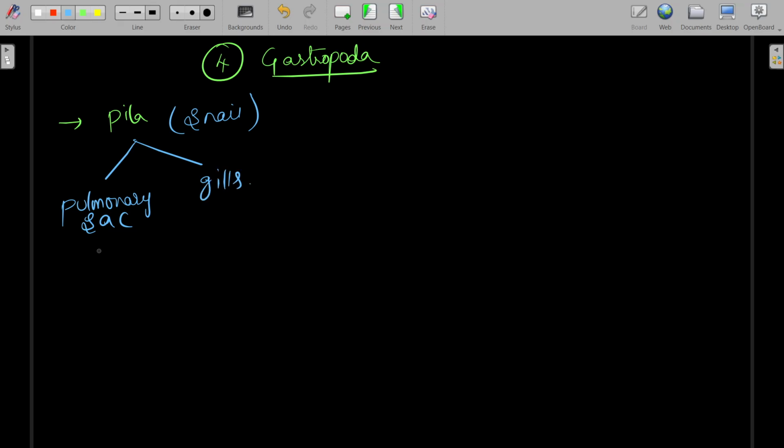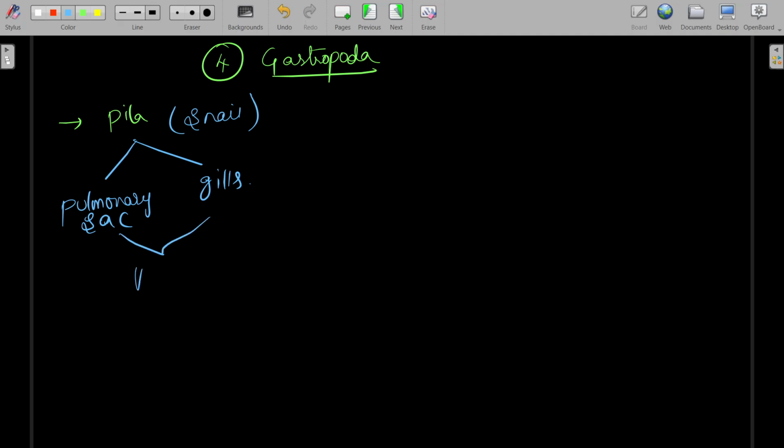These mollusks can live in aquatic conditions and also on land, so they are terrestrial too. That is why they have a pulmonary sac and gills. The organisms which live on land have a pulmonary sac, and those which live in aquatic conditions have gills for respiration.